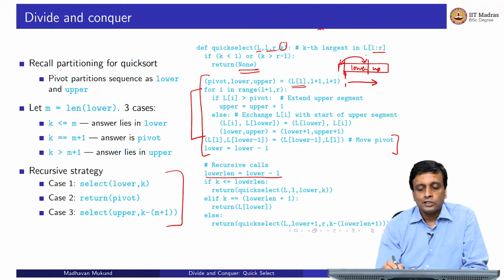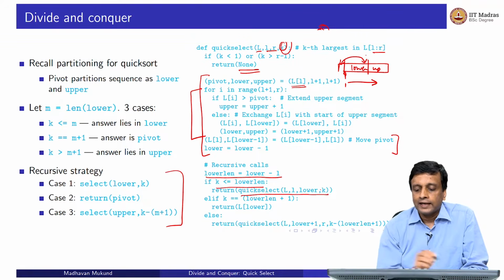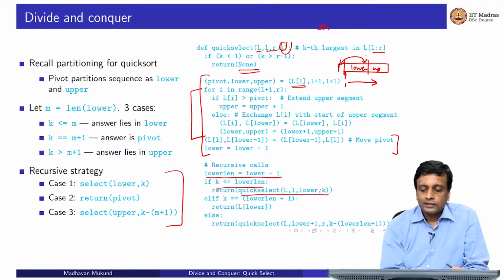So the lower length is the value lower, which marks the end of that segment, minus 1. Now if the position k that we are looking for is less than or equal to the lower length, then we will recursively quick select on the lower part, right. So I will go from the left limit L to the upper limit lower and look for the kth element. That's this case.